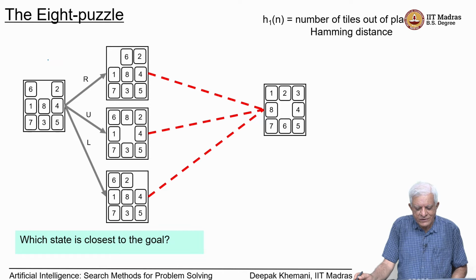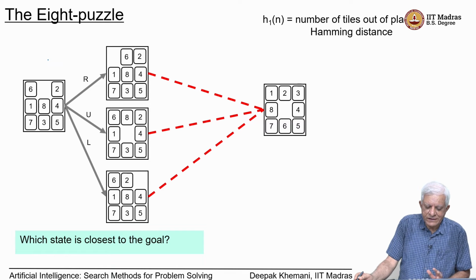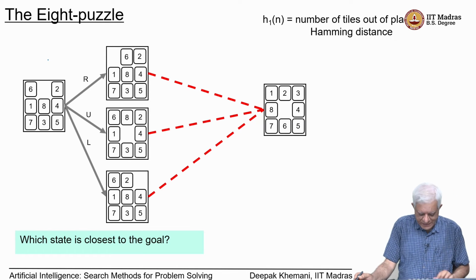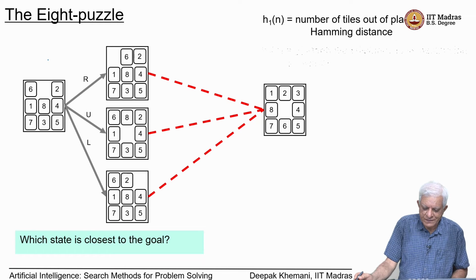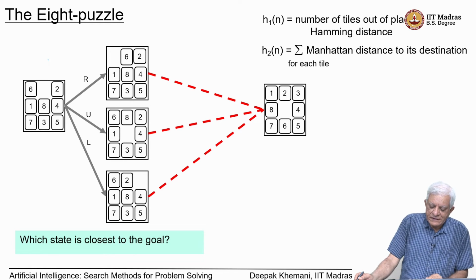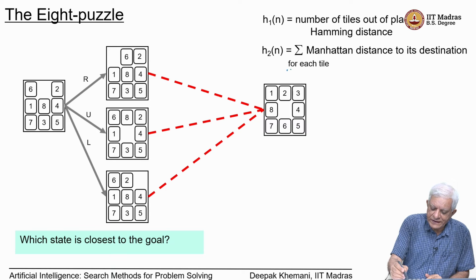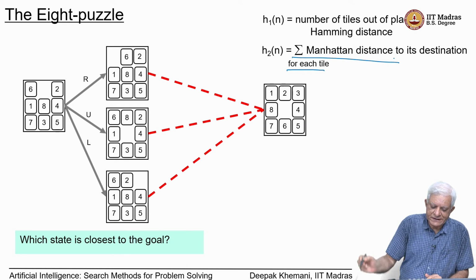You just see which tile is in place, which tile is not in place, and add up for all the 8 tiles. A second function, which we will call the Manhattan distance, for each tile sums up the distance to its destination essentially.